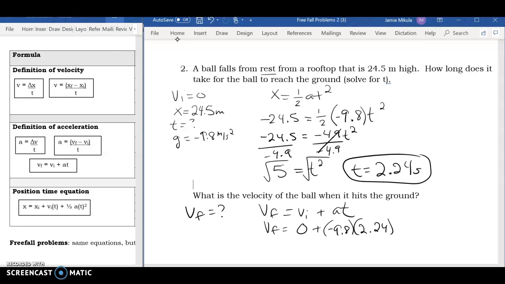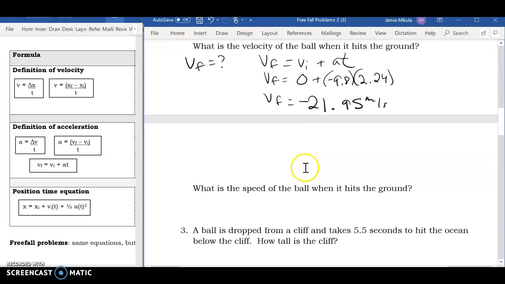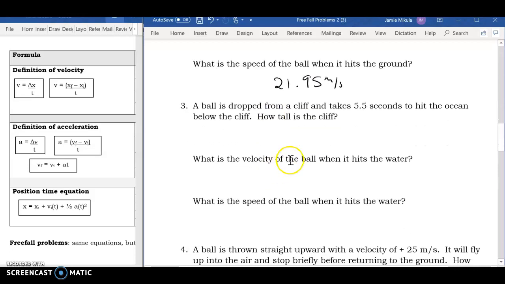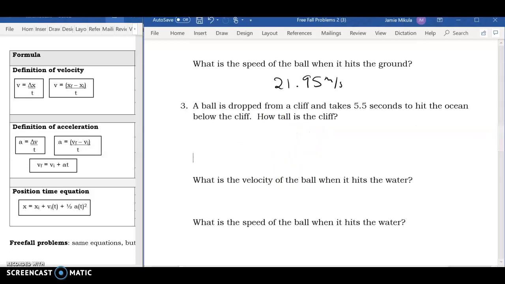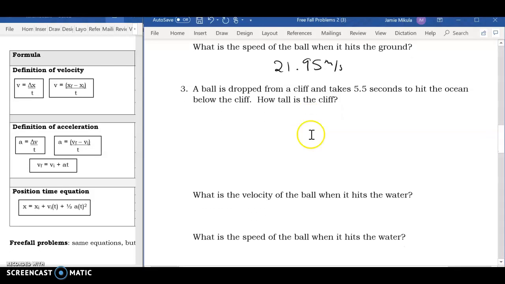So negative 9.8 times 2.24 is negative 21.95 meters per second. And if it asks what's the speed, that's just going to be 21.95 meters per second.